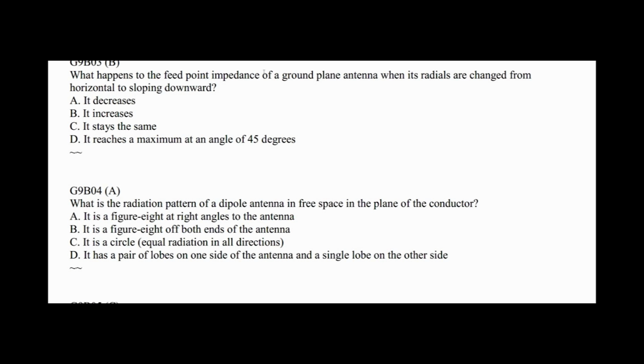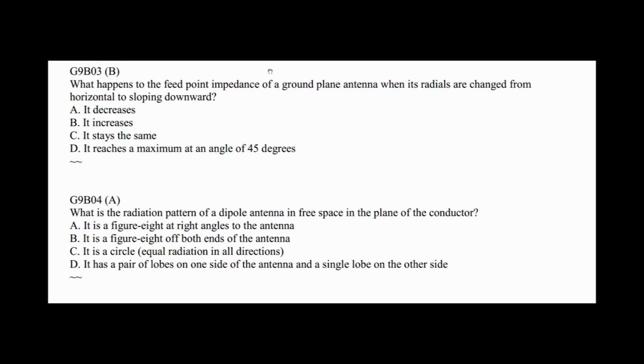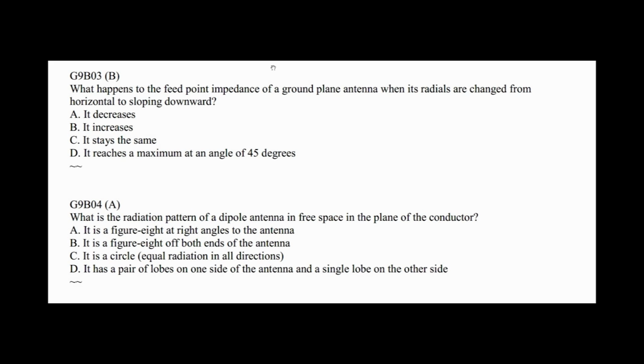Again, you'd have to have some experience with modeling antennas. The radiation pattern of a dipole antenna in free space, in the plane of the conductor. That's just a plain confusing question. Their answer is it is a figure 8 at right angles to the antenna.